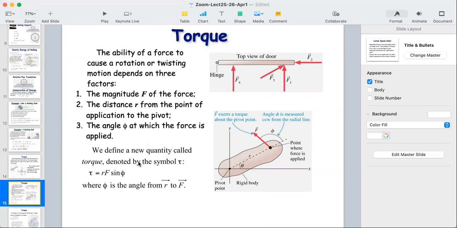So the torque is essentially, we define a new quantity, torque, indicated like this, which is tau equals R F sin theta, where theta is the angle between the radius and the force. So this is the force, this is the radius, and this is the angle between the radius and the force, okay?